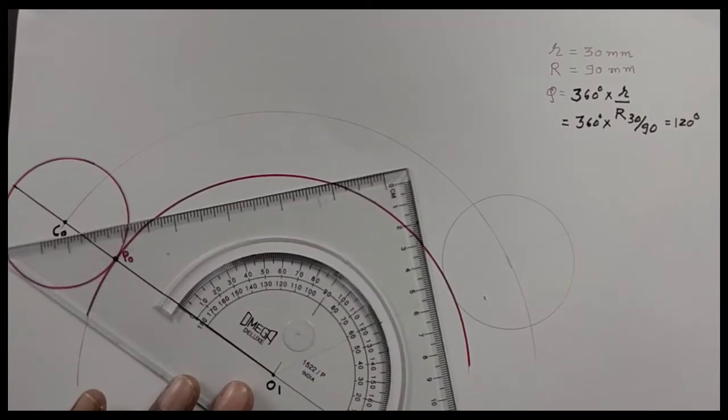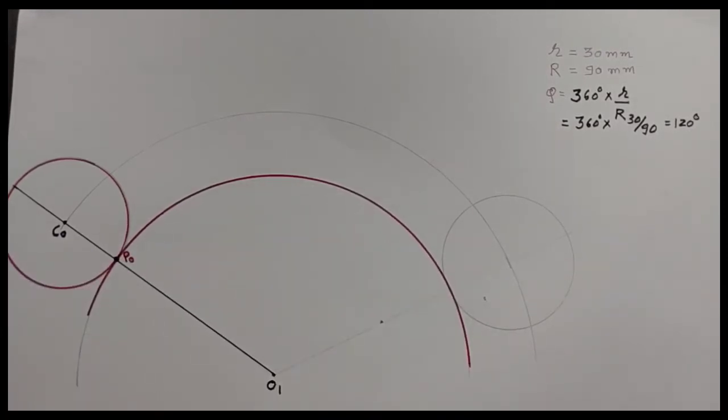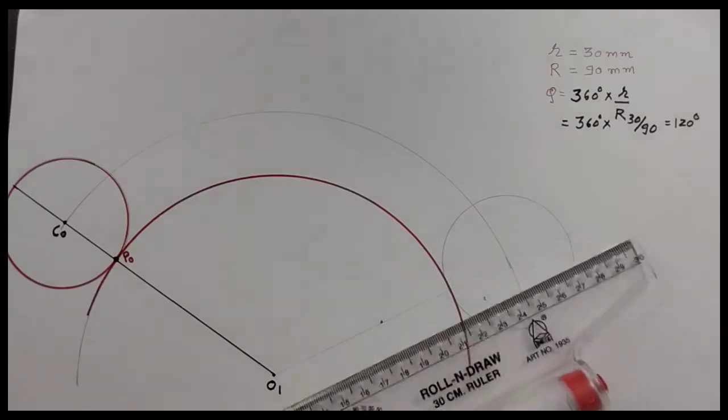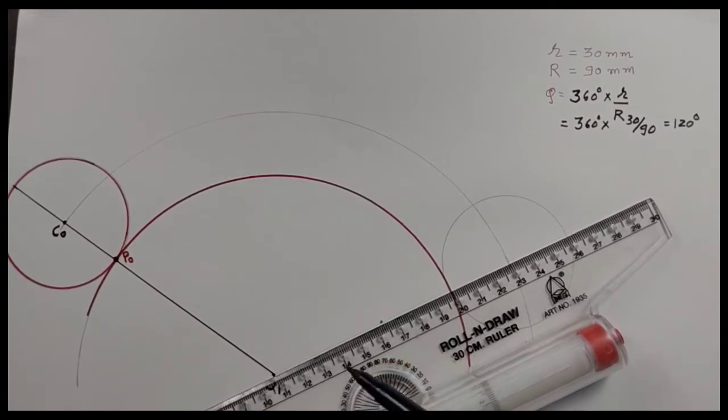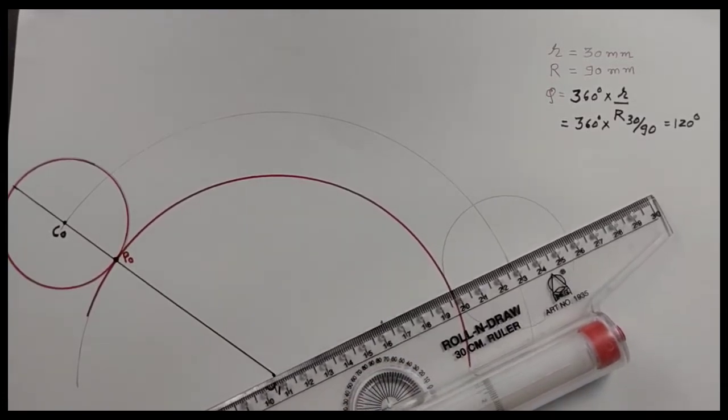So we keep the protractor and take the 120 degree inclination line, we mark the point, and roughly we create the light line.